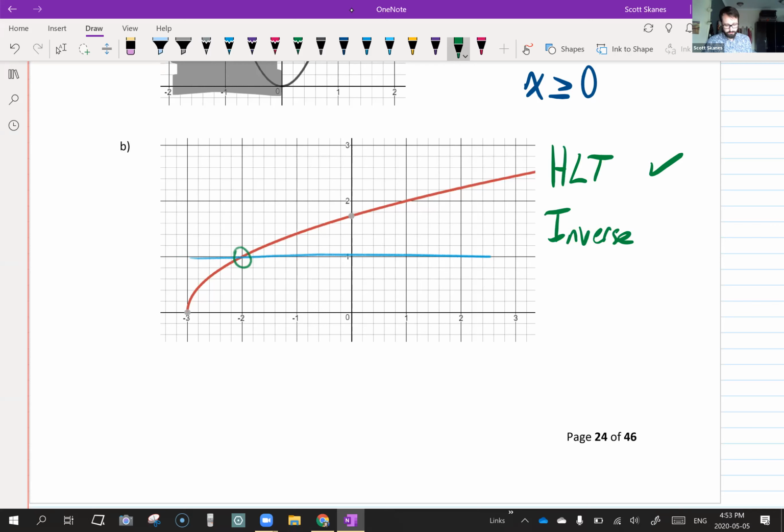So the inverse exists, but we don't know what it is. We're about to go solve and figure out how to do that in the next page or so. But we know that it can have an inverse, and that's all I really care about. That's what the horizontal line test does.